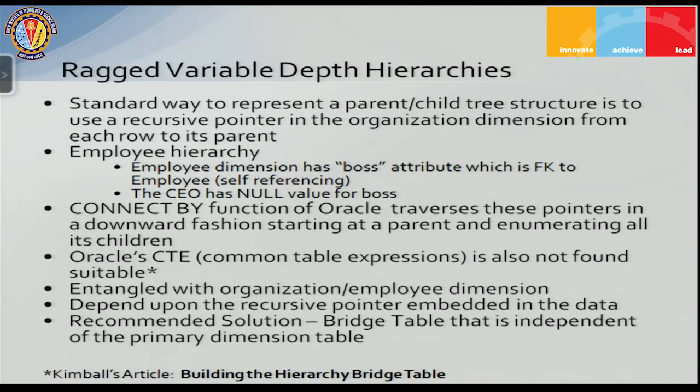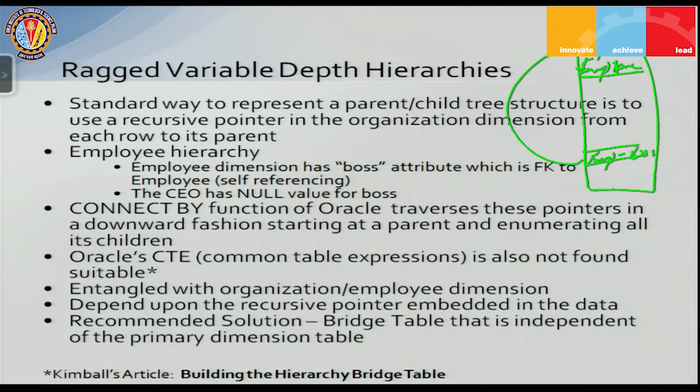Suppose I have a table like this. I have an employee ID, employee name, and then employee boss. This employee boss has to be an employee, so it will refer to this table, right?